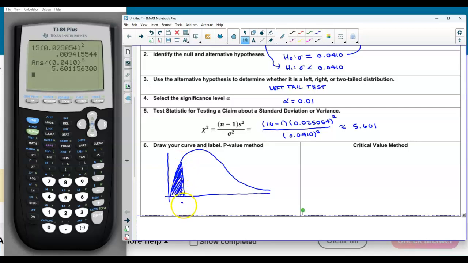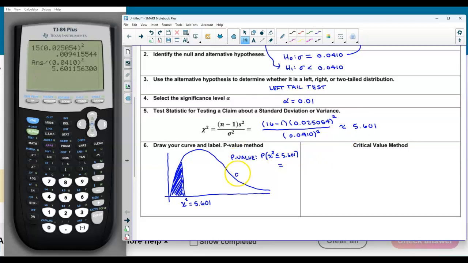The test statistic that we found is equal to 5.601. So when we want to find the p-value, we're looking for the probability that our test statistic is less than or equal to 5.601.